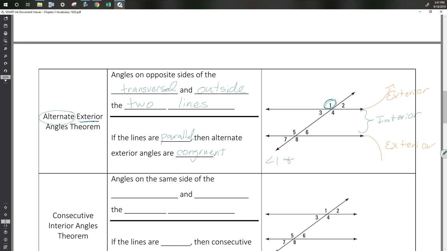And so I need an angle on the other side of the transversal, is in the exterior, and is in the other group of numbers. So that would be angle 8. It's on the right side of the transversal, and it's in the exterior, and it's from the opposite group of numbers. Okay?